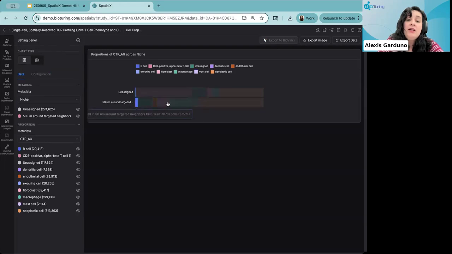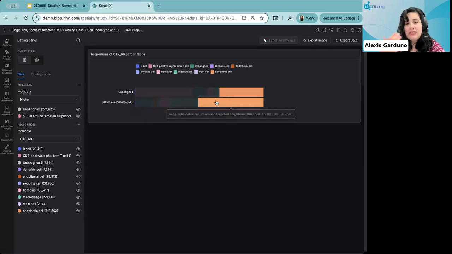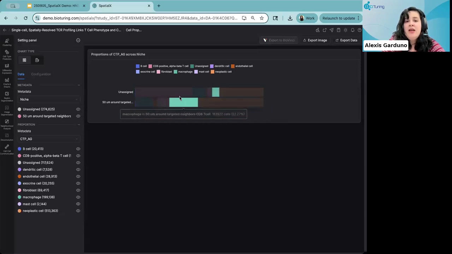So I can clearly see that within my CD8 T cell cluster, the highest proportion of neighboring cells is these neoplastic tumor cells. From there, the other cells that are also highlighted are these macrophages. And you'll see that these other cells are lower in proportion.